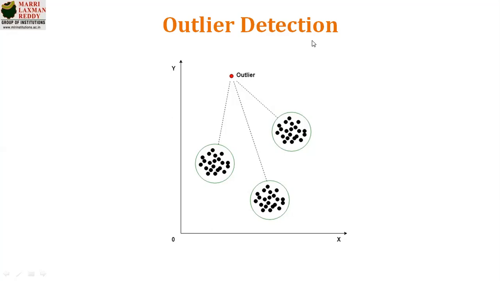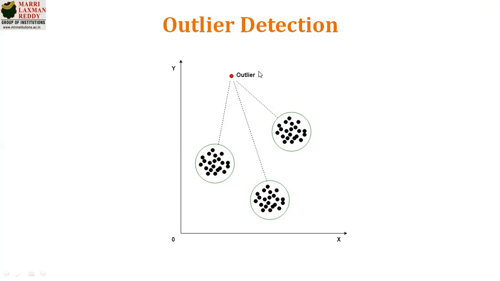So in today's session, we'll be discussing outlier detection, which is a very important concept and is part of the clustering concept. Okay. The image here very clearly depicts, with a red colored symbol, what an outlier is.